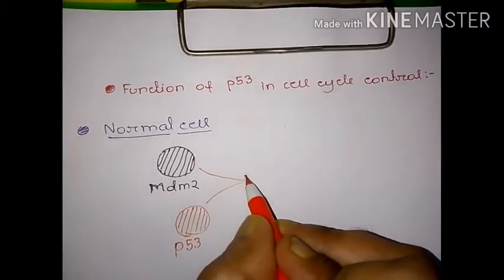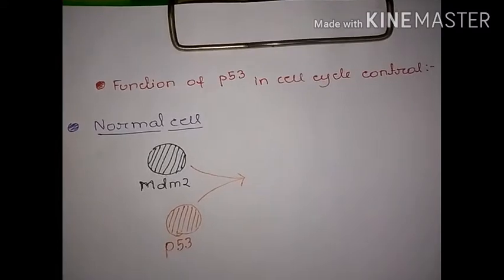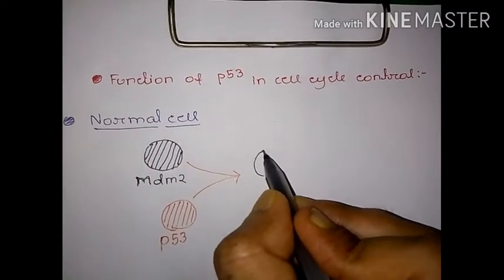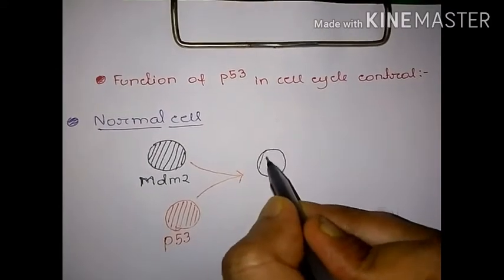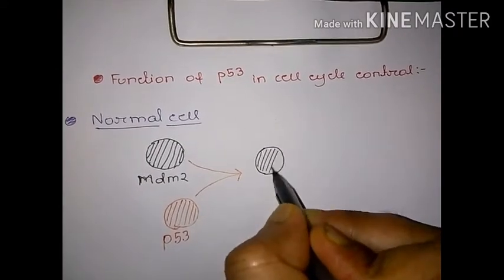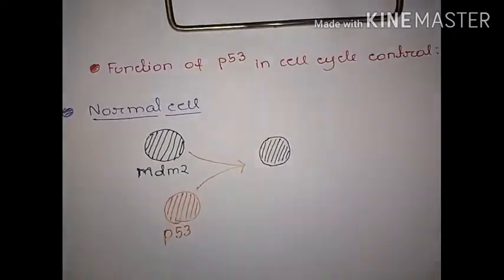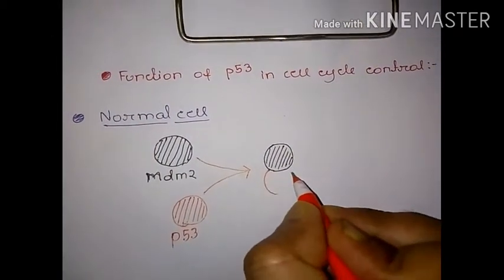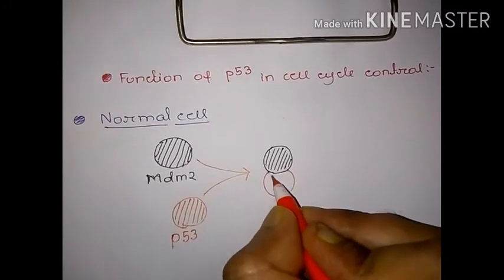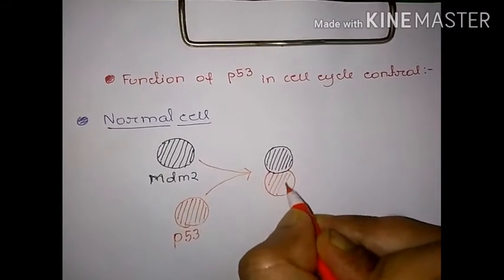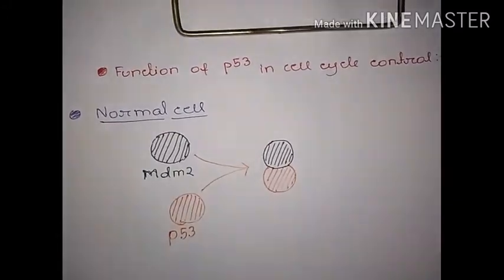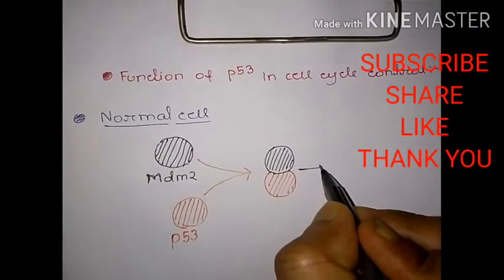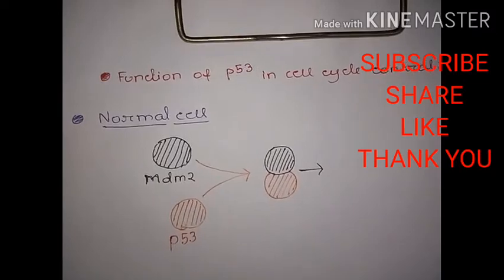When MDM2 binds with p53, it stimulates degradation of p53. So the role of MDM2 is to inhibit the functions of p53 by its degradation.